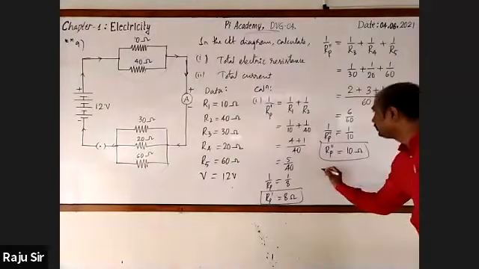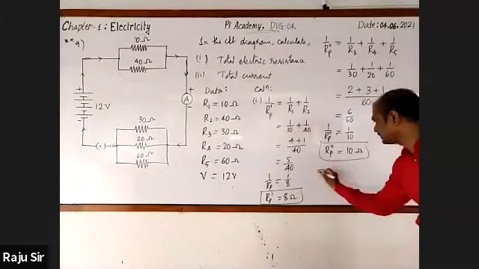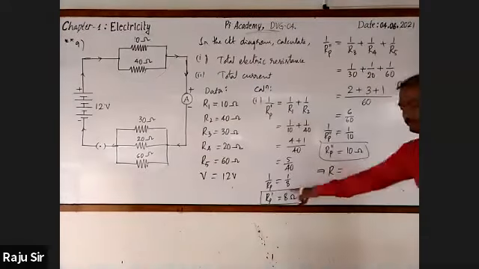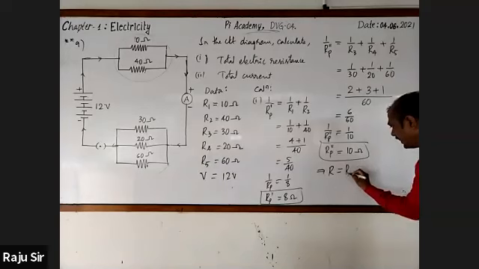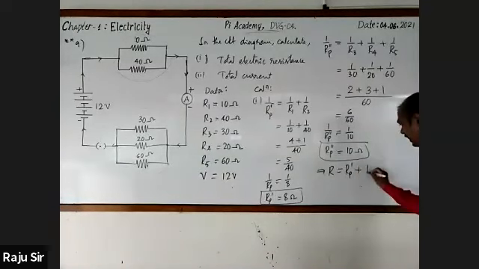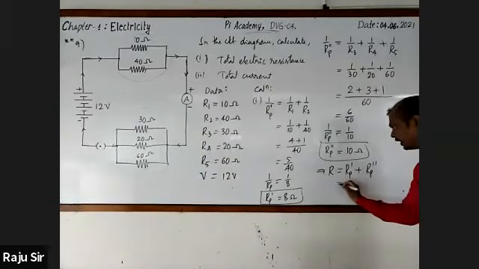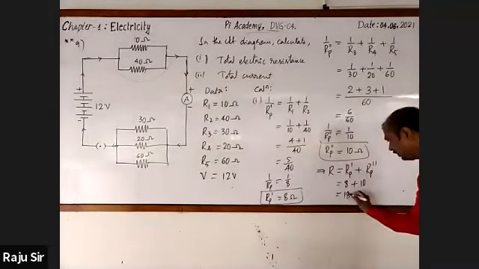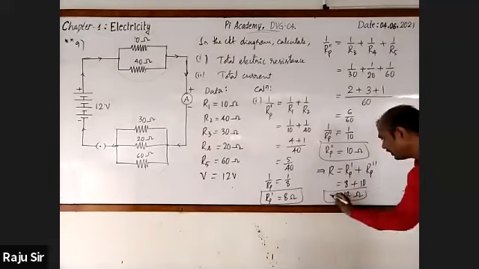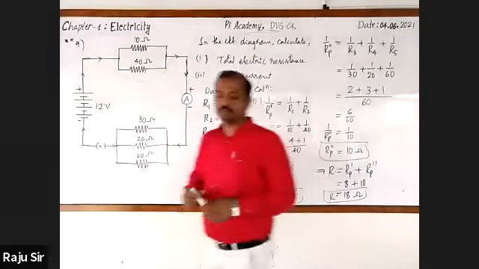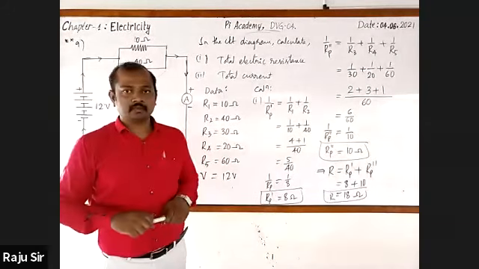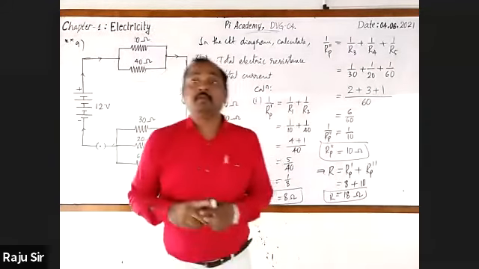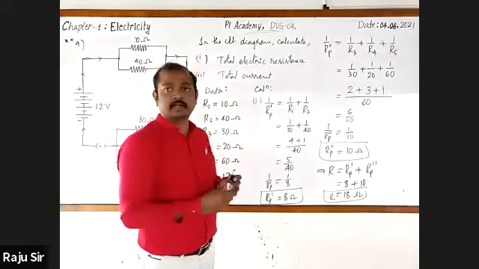Total electric resistance R is equal to RP dash plus RP double dash. RP dash is 8, RP double dash is 10. It is equal to 18 ohm. R is equal to 18. We got the total electric resistance.